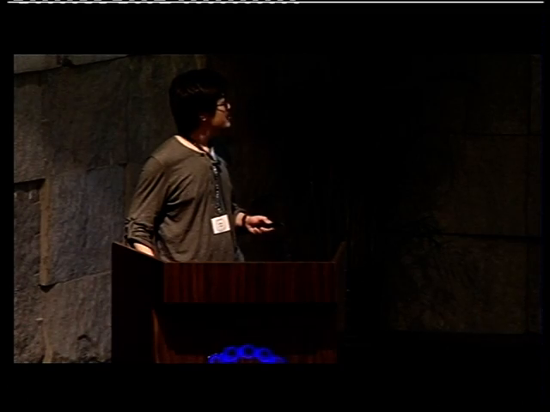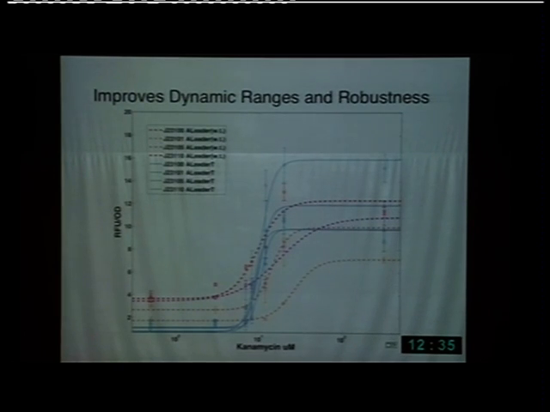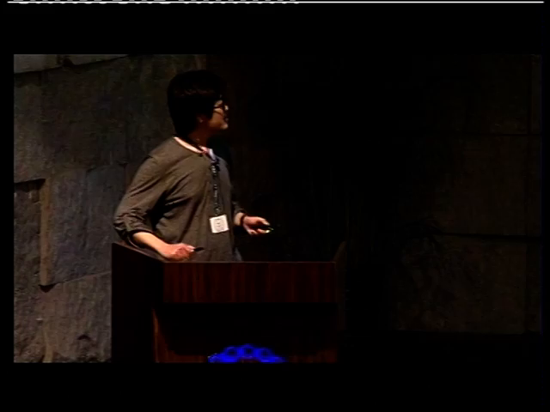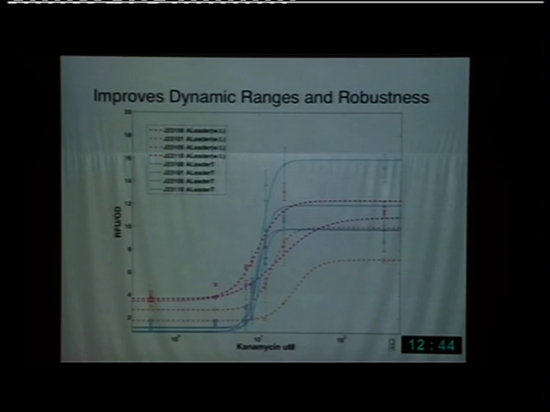This one, to increase the variation. No, the black line is the native riboswitch, and its variation is very large. And the blue line is the engineered riboswitch. All the curves perform very similarly.